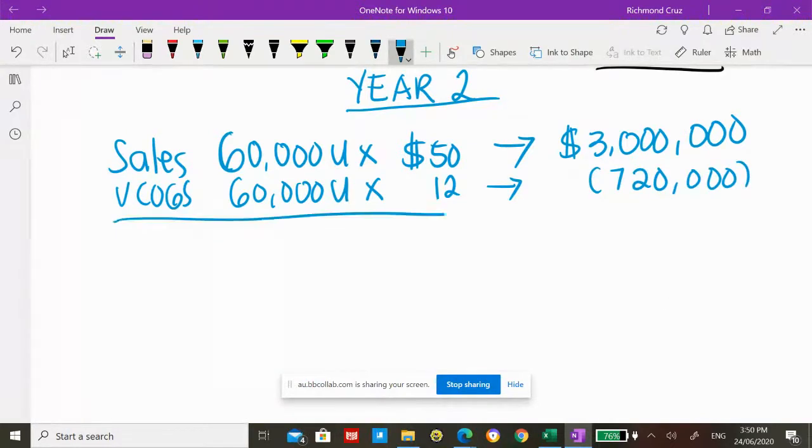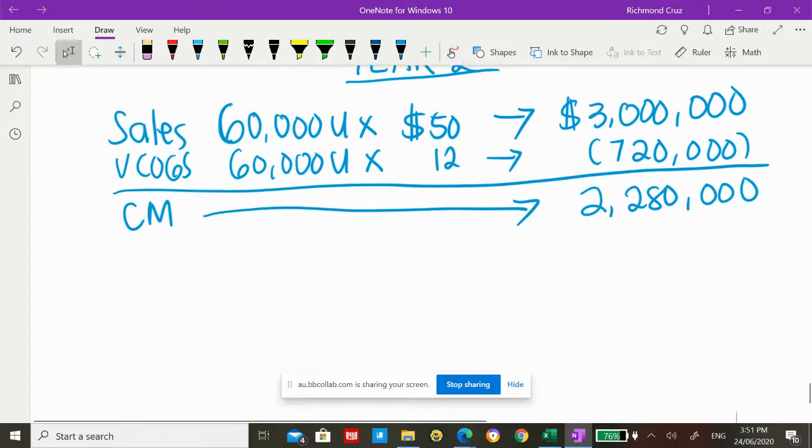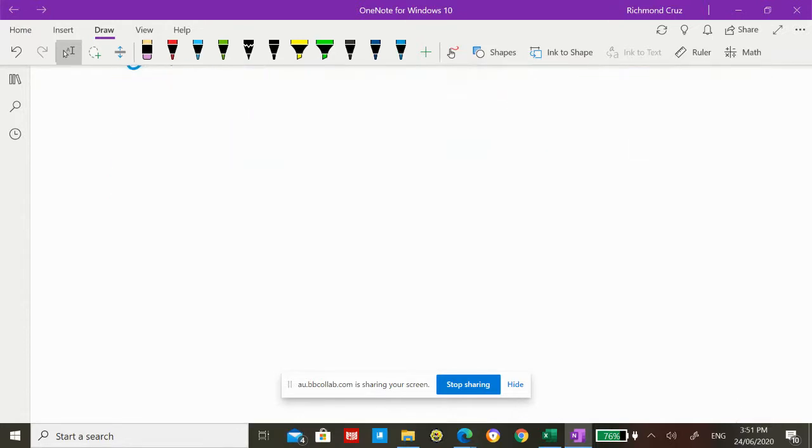There is no variable selling and admin expense, so therefore the difference between sales and the variable product cost is the contribution margin. And the contribution margin is 3 million minus 720,000. That's 2,280,000. Then we need to deduct all of the other costs which are considered fixed costs for this problem.